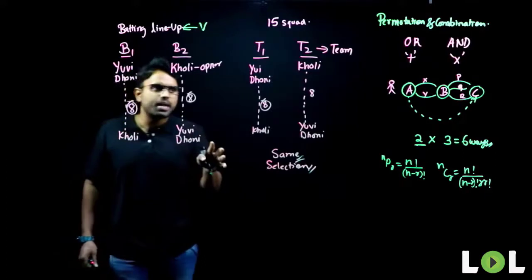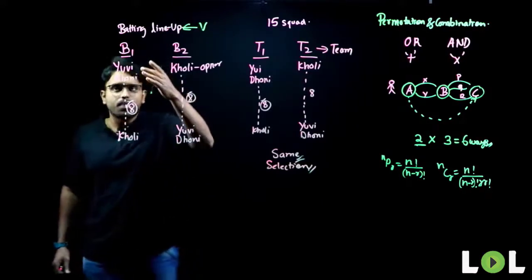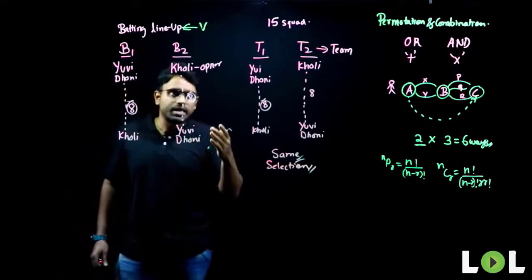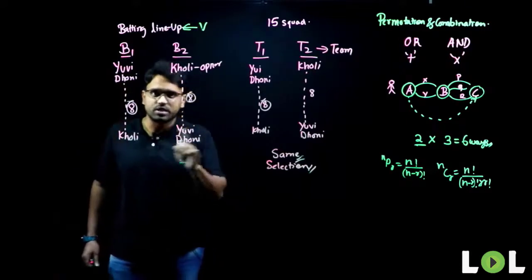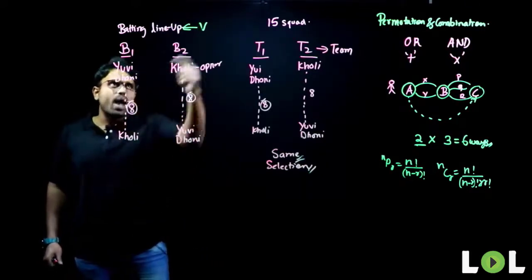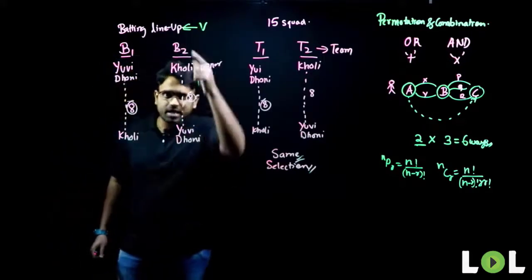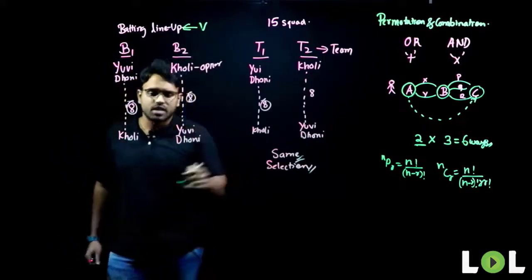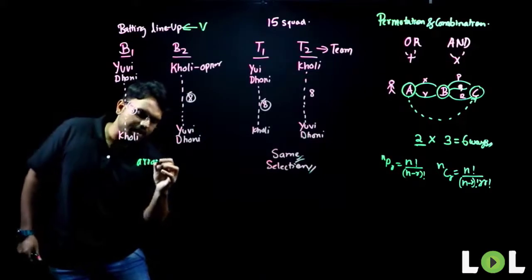No, it is not the same, because they are going as openers in batting lineup 1, but here they are going as tail enders. So upon changing the order, if the value, that is batting lineup, changes, it is called arrangement.